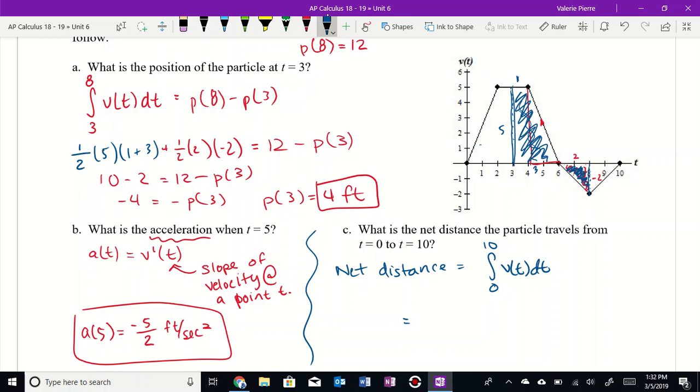So if we take the area of the trapezoid that we had, which was 10, and multiply it by 2, and then subtract from that the area of the triangle that we had, times 2, then we'll get 20 minus 4, which is 16 feet.